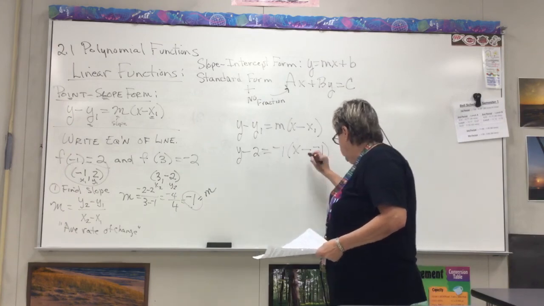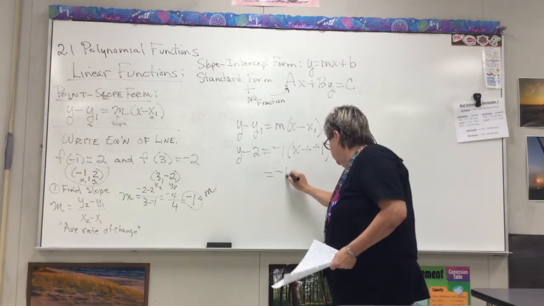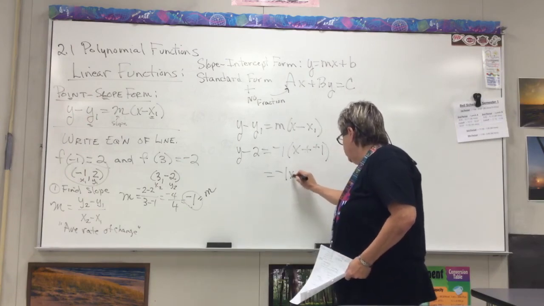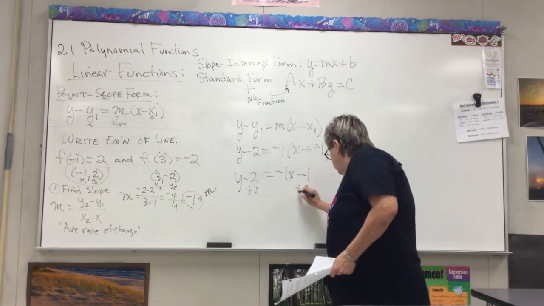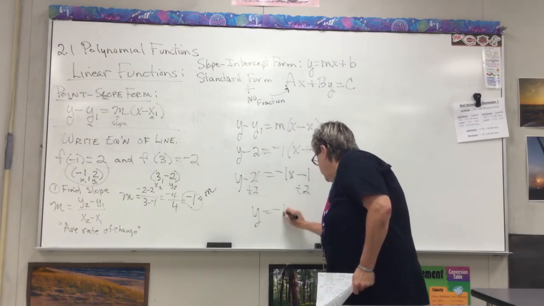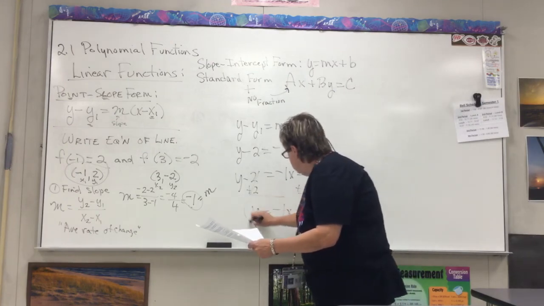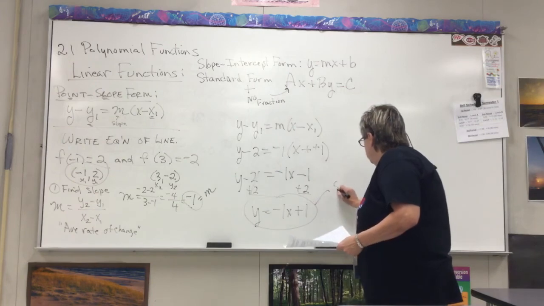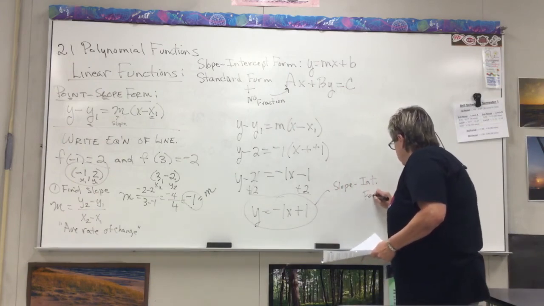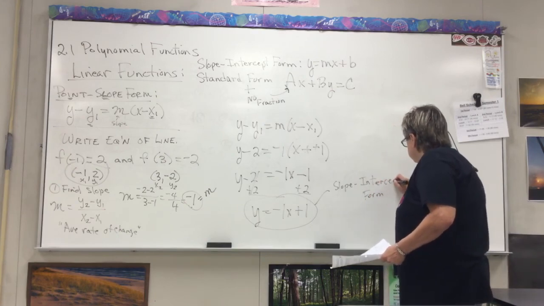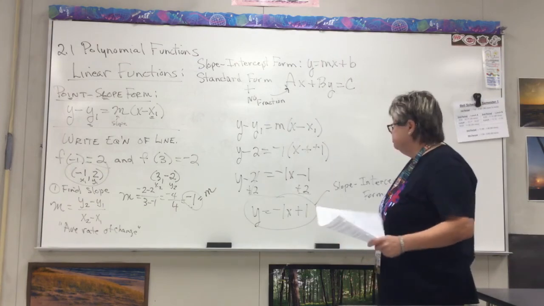Then minus a minus is just an addition. Distribute our -1 on the right: -1x minus 1. Add 2 to both sides, and we have y equals -1x plus 1, and that would be your equation. And now we've converted to slope-intercept form, which is handy to graph from, either by hand or on your graphing calculator.